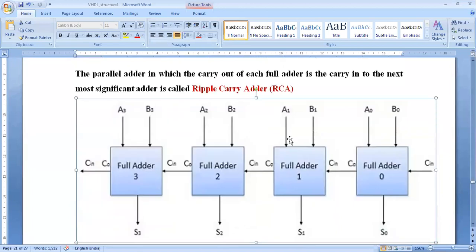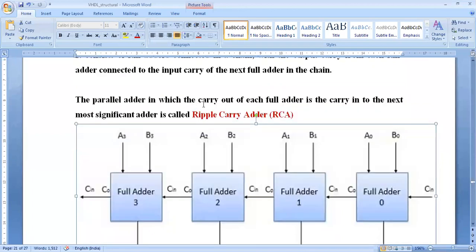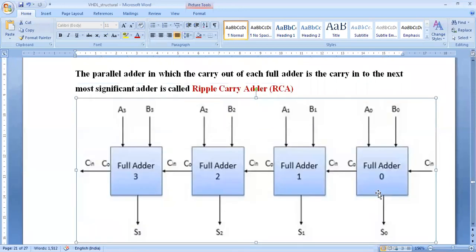Now if you see here, in the parallel adder the carry out of each full adder is the carry into the next most significant adder, isn't it? Look at the diagram here. If you take the first full adder 0, the carry out C0 is given as the carry in of the next full adder in the chain.